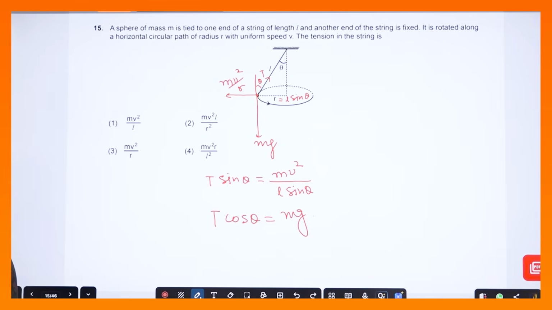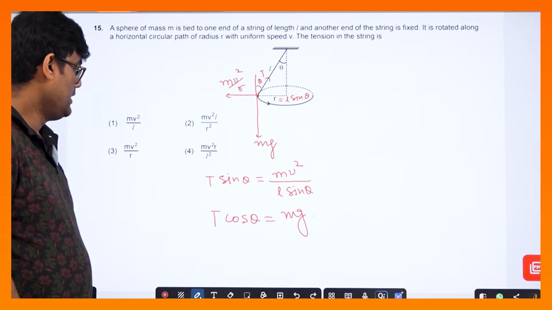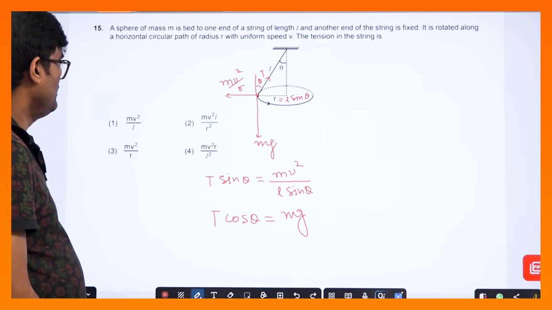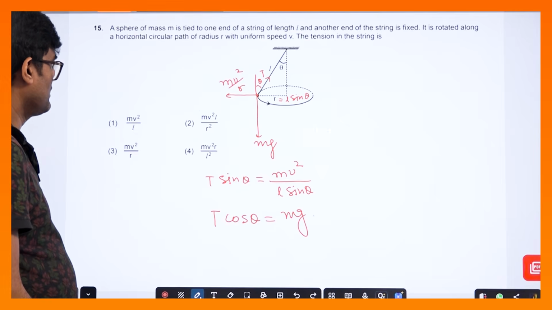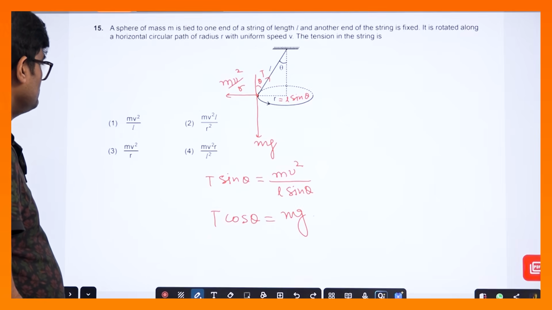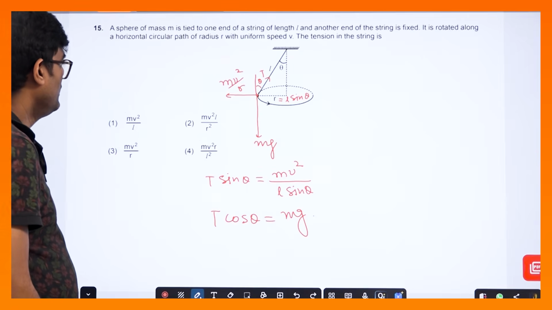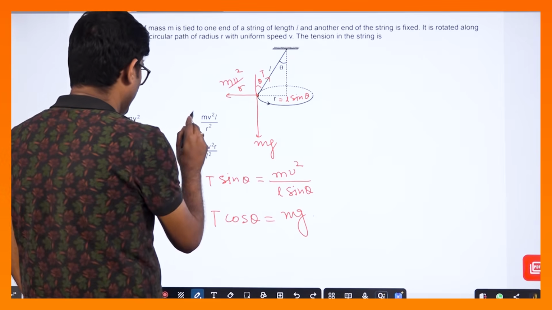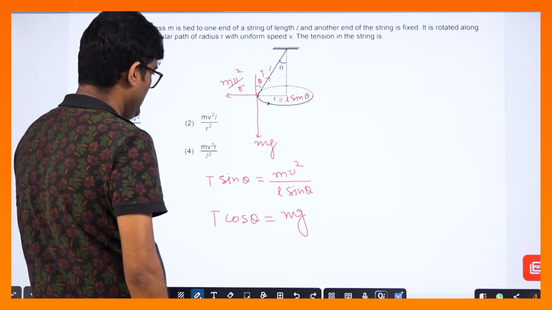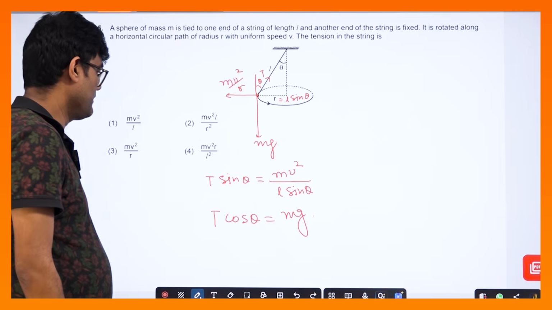It is rotated along a horizontal circular path with speed v. Can the tension in the string be mv square by L? I don't think so. T sin theta is equal to mv square by R, and R is equal to L sin theta. So this option is not correct. Is it possible that T is mv square L by R square?